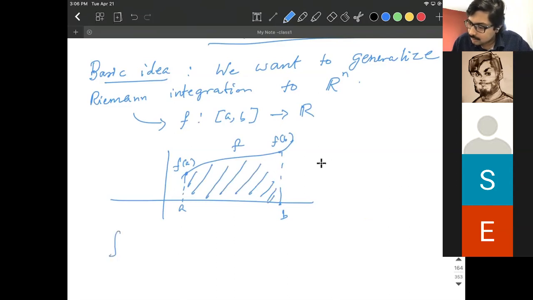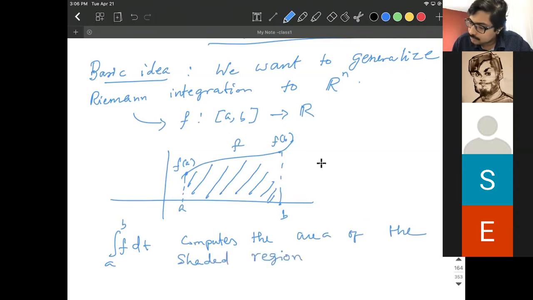So the integral of f, let's say dt from a to b, computes the area of the shaded region. Okay.